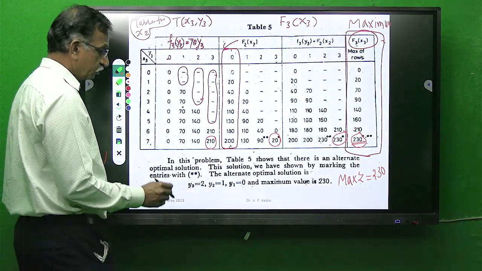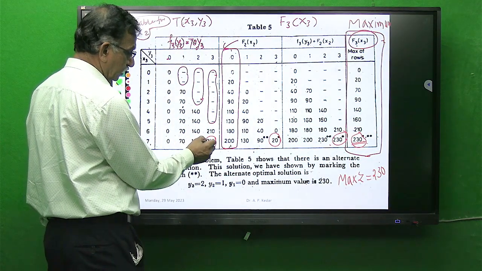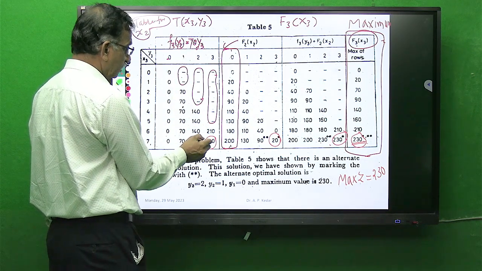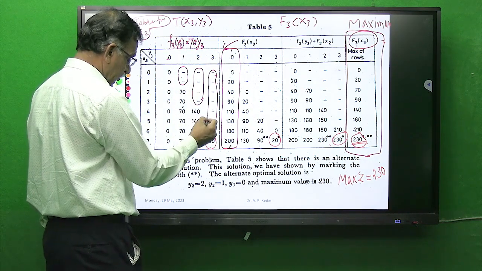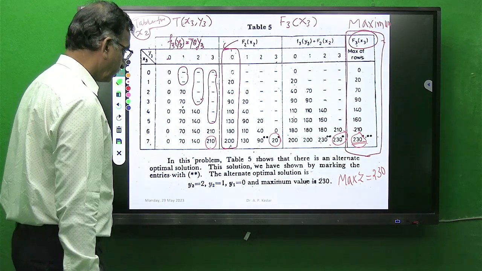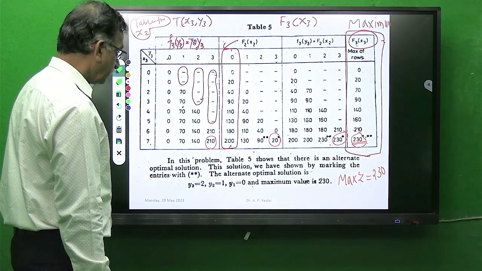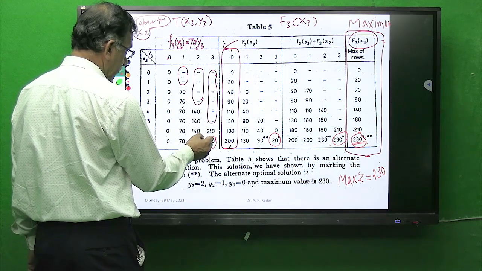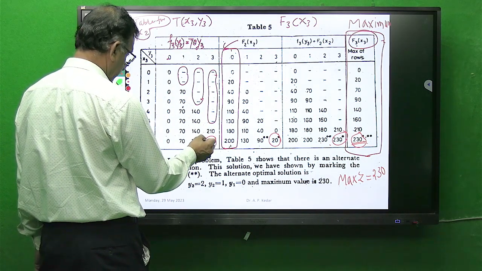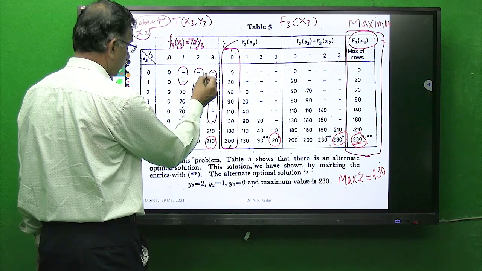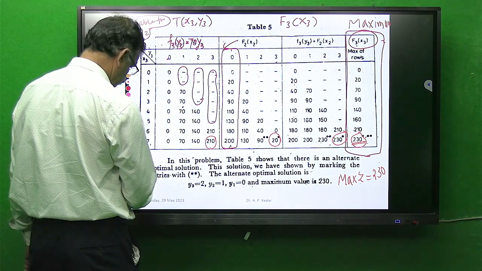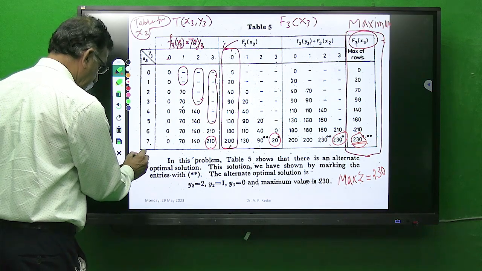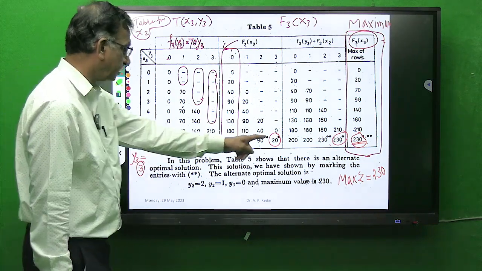Now this 210 is the current decision. For that decision, your value of y3 is 3. y3 equal to 3.